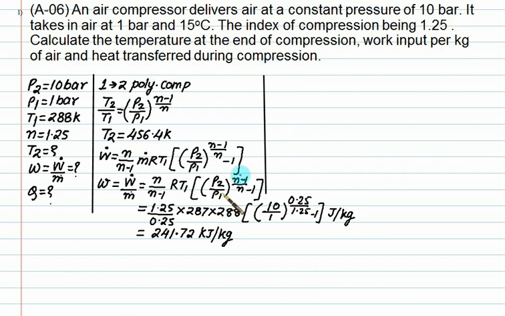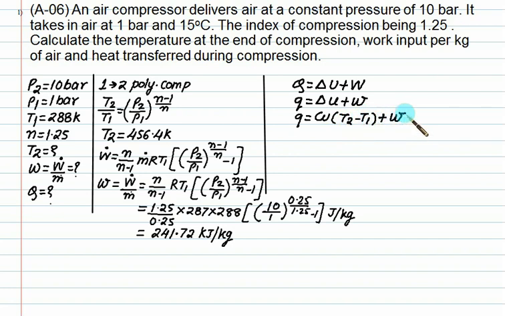Finally, we want to find the heat transfer during compression. So we can apply the first law, Q equals delta U plus W, or if I want a specific quantity, I will write lowercase q equals delta U plus lowercase w, indicating specific work. So q equals delta U, given by CV into (T2 minus T1), plus w, which represents the work of compression, known to me from the previous value.